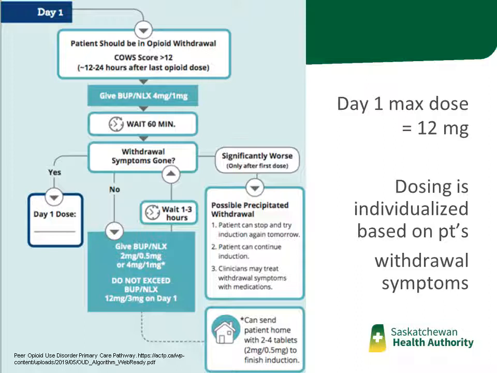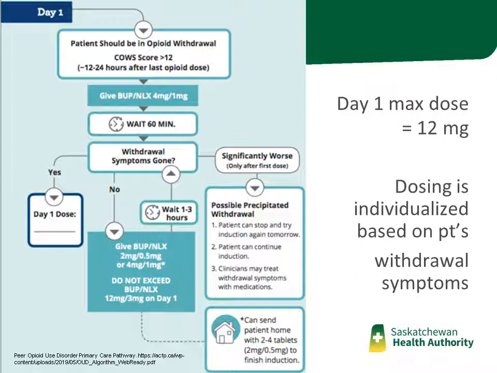So back to this day 1 initiation flow diagram. Once we've ensured that an appropriate time has elapsed and the patient is in moderate withdrawal based on a COWS score of greater than 12, the first dose of buprenorphine naloxone can be administered. This is usually a 4 milligram dose dissolved under the tongue. Within 30 to 60 minutes, another assessment of withdrawal symptoms occurs.